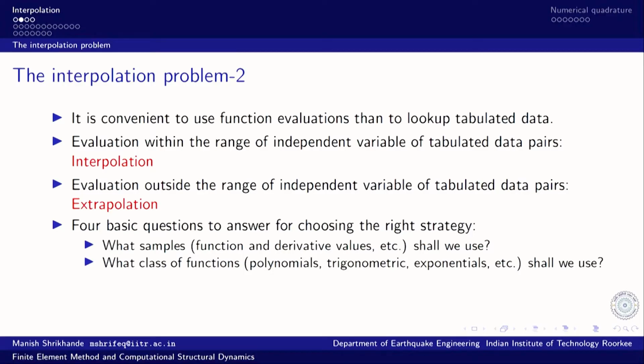That needs to be decided a priori, and that will affect the way we develop the approximation or the interpolation. And what class of functions should be used? Any function is fine. We can use polynomials, trigonometric functions, or exponentials.